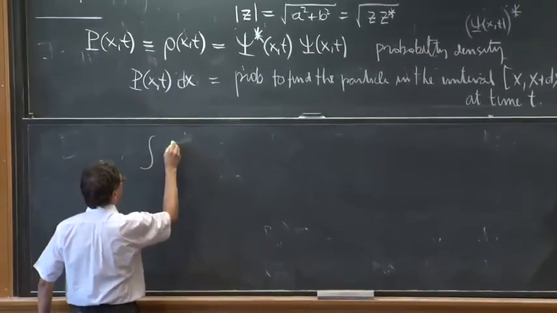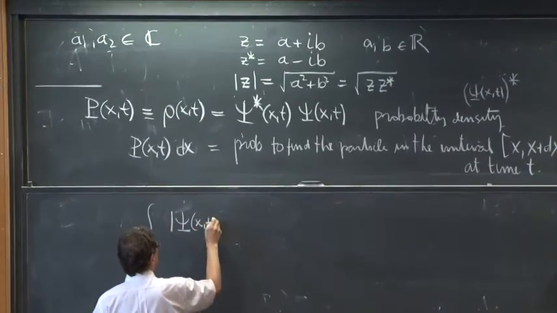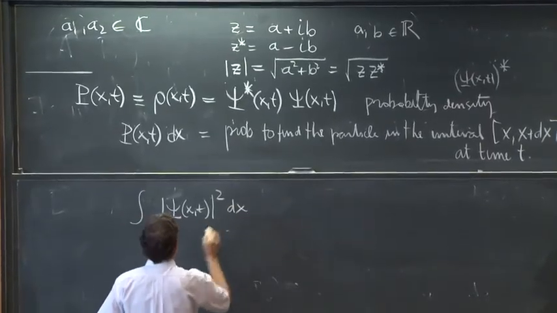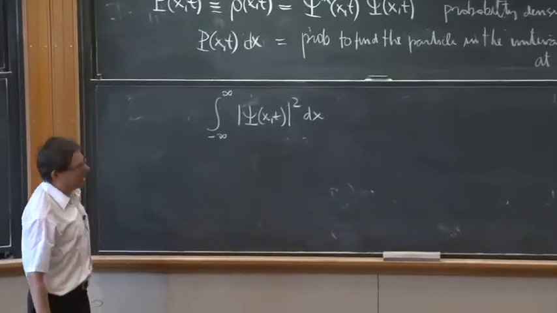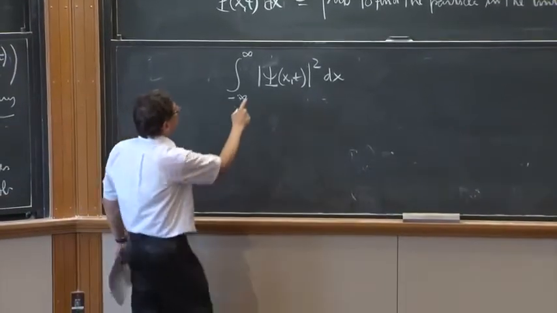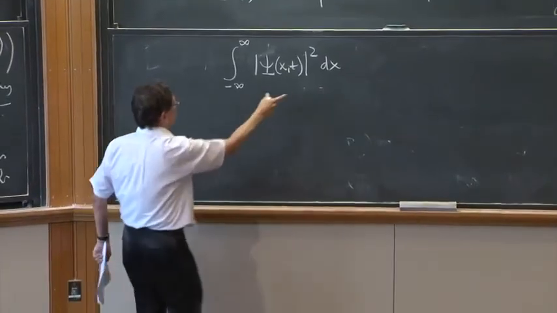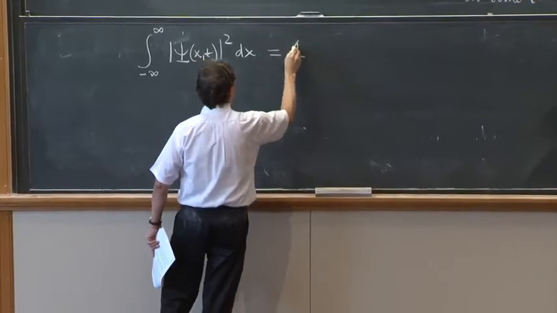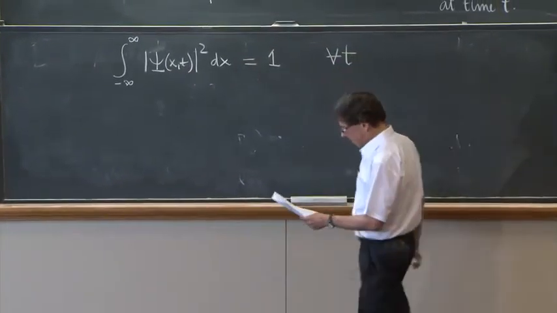So if we add the probabilities that the particle is somewhere all over space, where this is the probability that the particle is in this little dx, we integrate, and that must be equal to 1. And this must hold for all times.